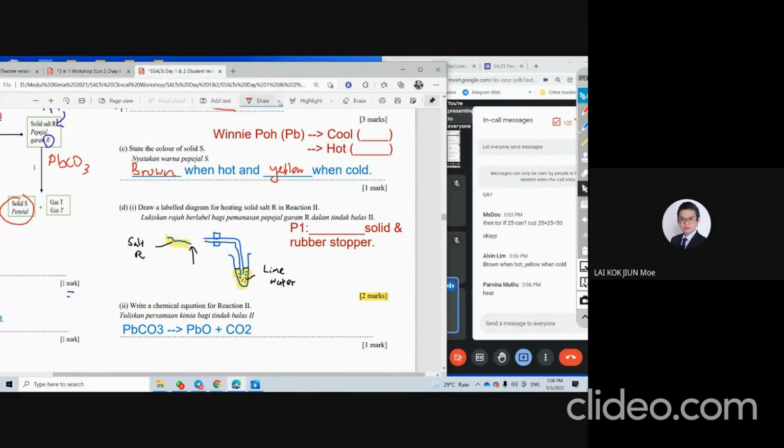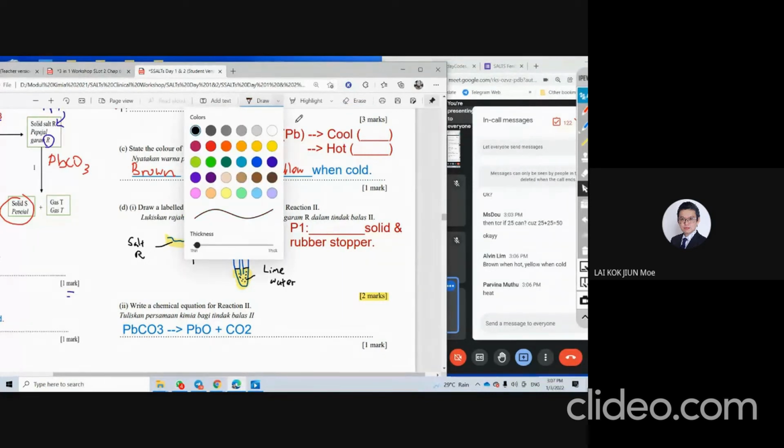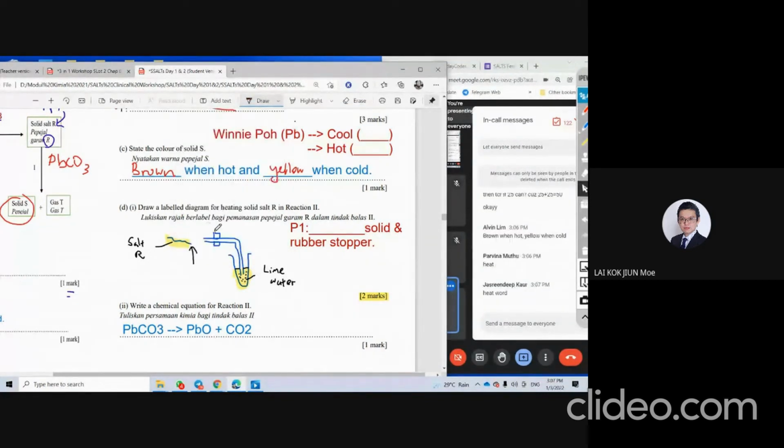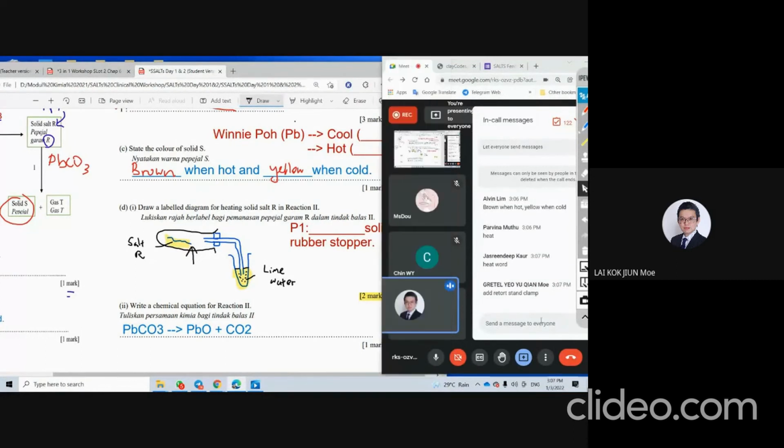Let's draw back here. So what is the mistake? The word heat actually is okay. When you draw the arrow, they know already. The arrow can represent heat. No problem, you write is good.